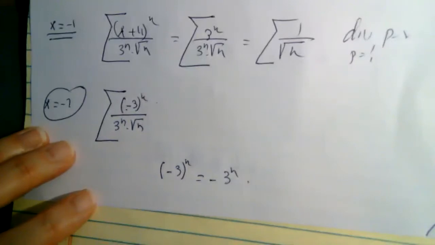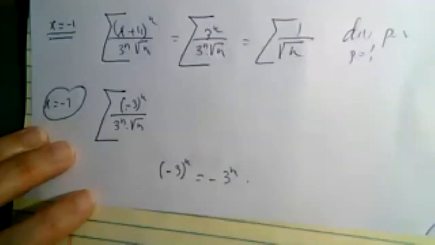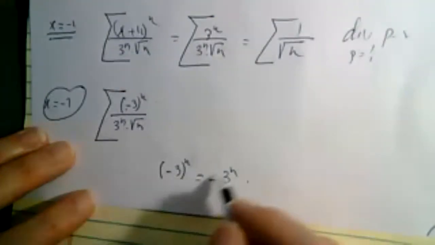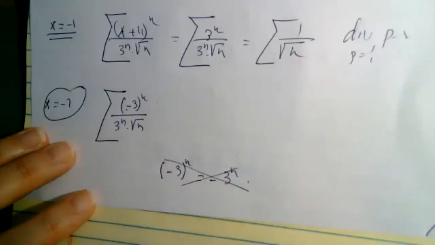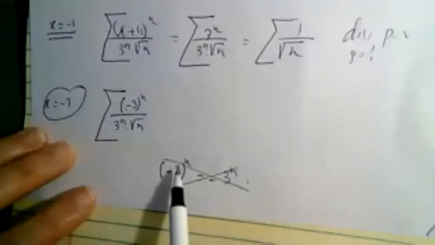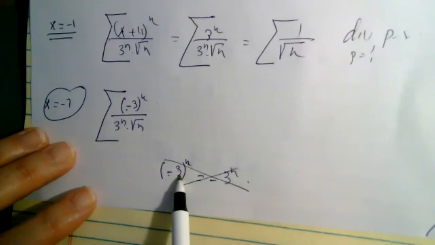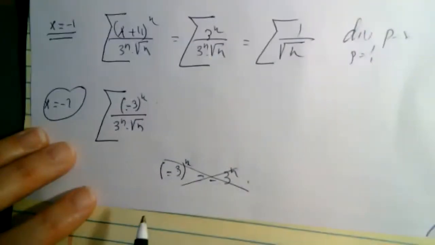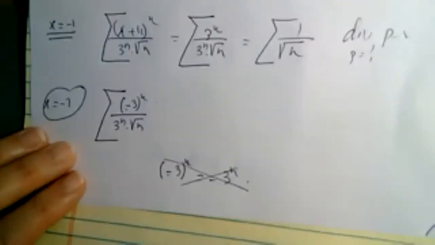Is this true or false? Quickly. Because I saw a lot of this. And this is absolutely false. If you take n equal 2, the quantity (-3) to the power 2 is actually 9. It's not -3 squared. So some students tended to take the minus out, which is absolutely wrong.